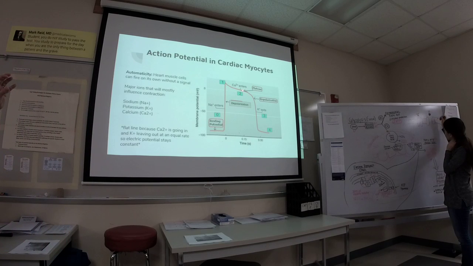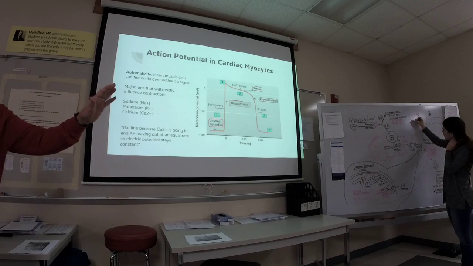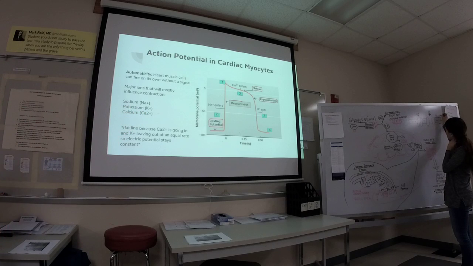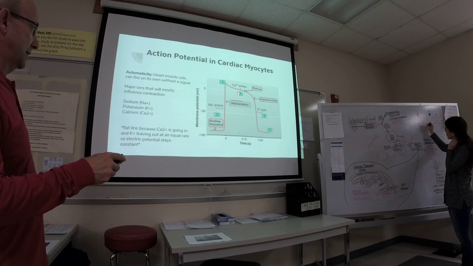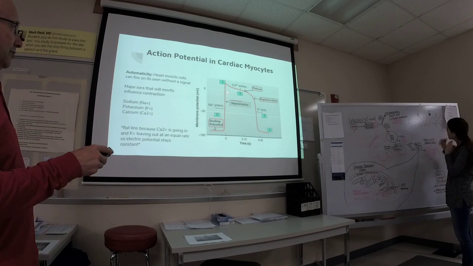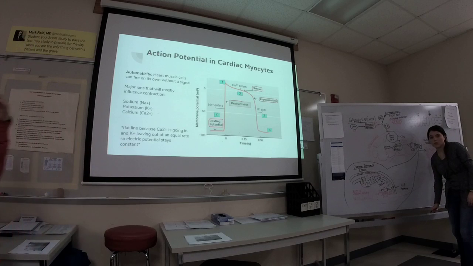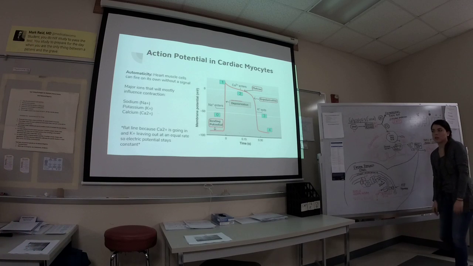It sort of makes this longer, okay? It lengthens out that signal, and it's good for heart contraction. That's the easy way to say it for me. So you have the depolarization and then the plateau, because the heart contracts over a period of time.